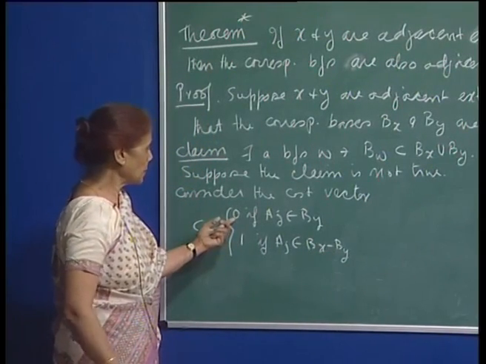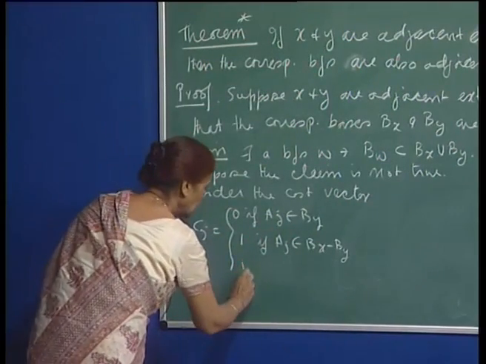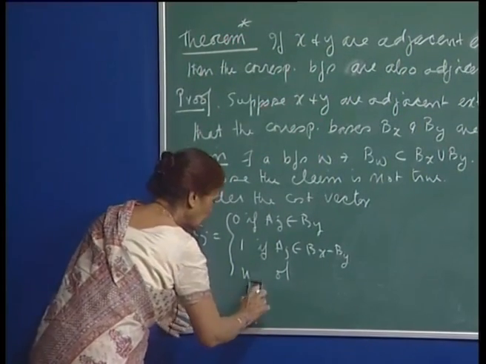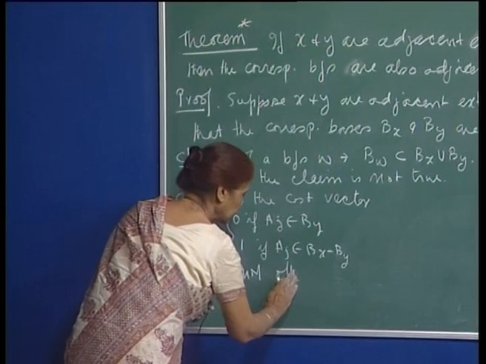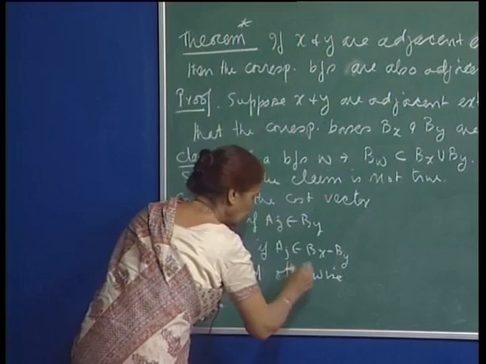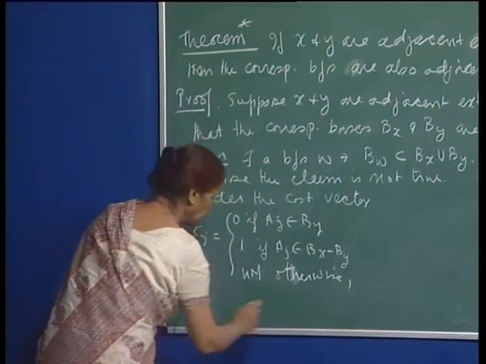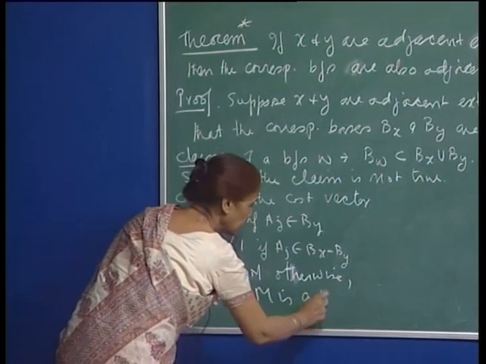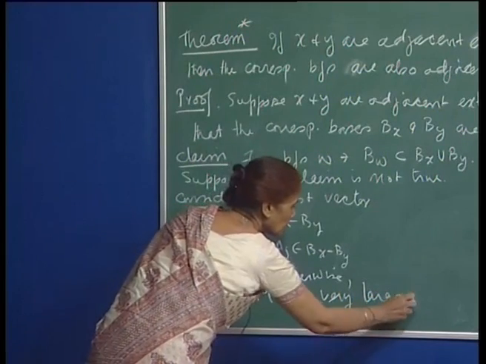For all columns which are in By, the cost is 0, and it is Nm otherwise, where m is a large number, a very large number.